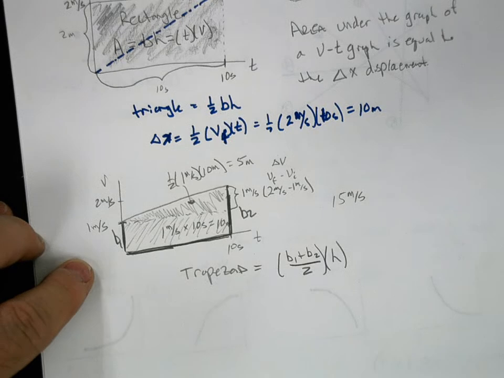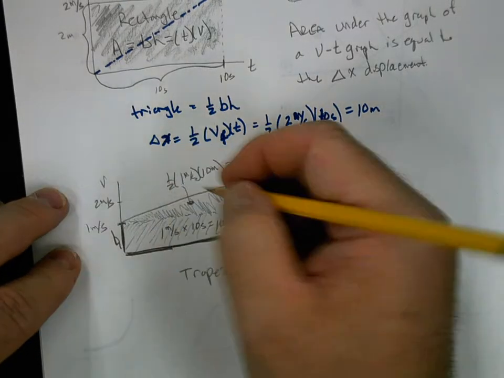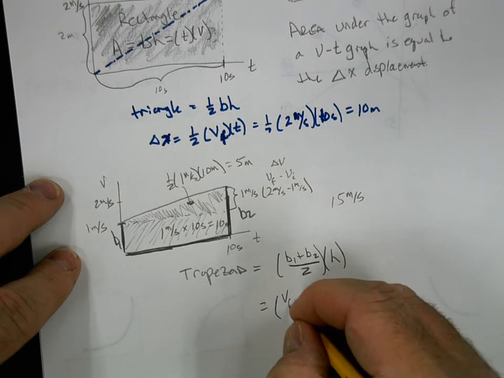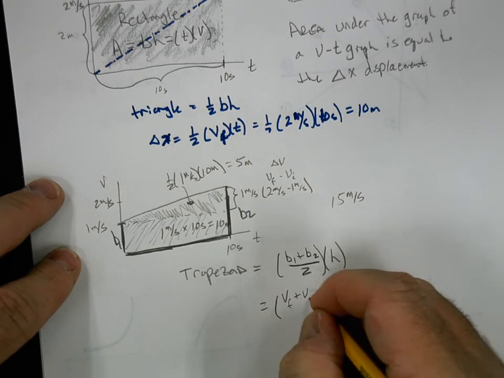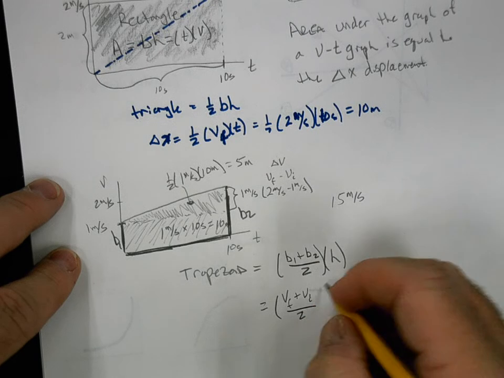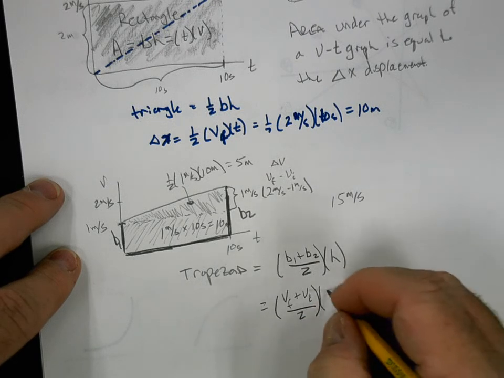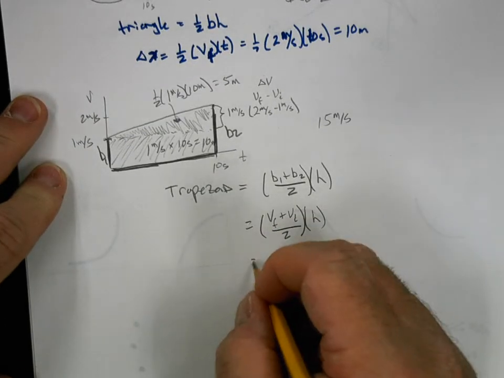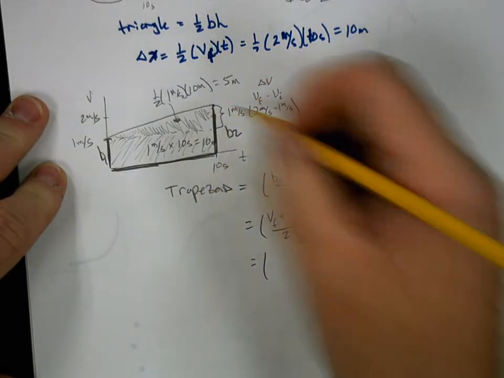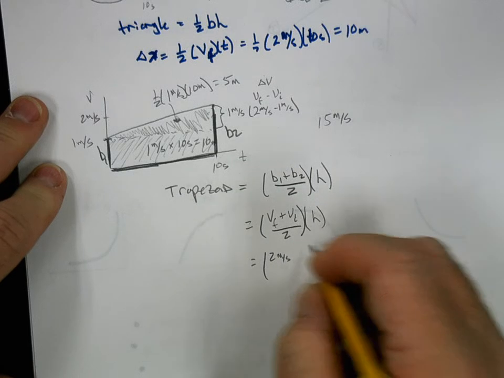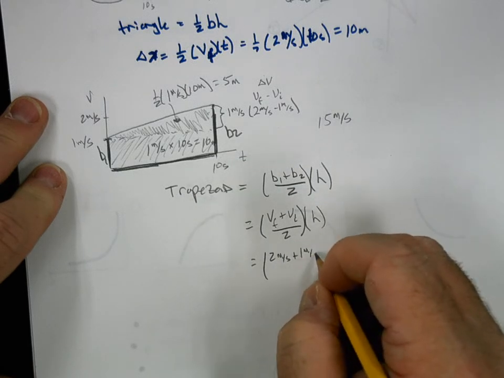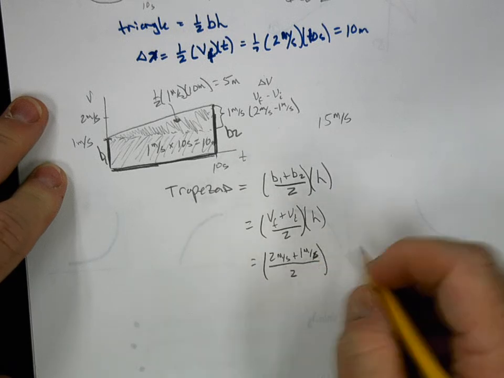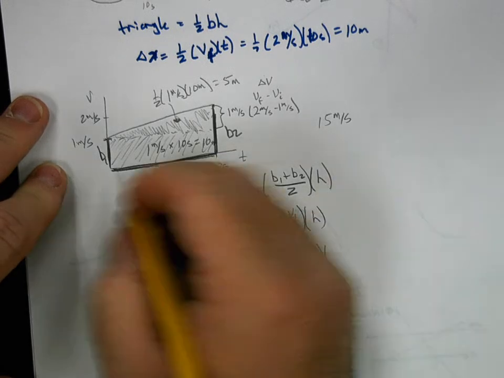If we put that back into our terms, this is going to be v final plus v initial over 2, times our height, which is just our time, 10 seconds. So our velocity final was 2 meters per second plus 1 meter per second, our v initial, over 2 times 10 seconds.